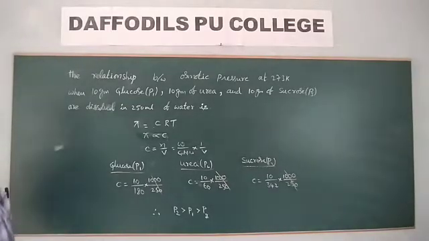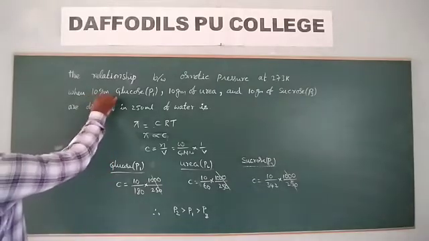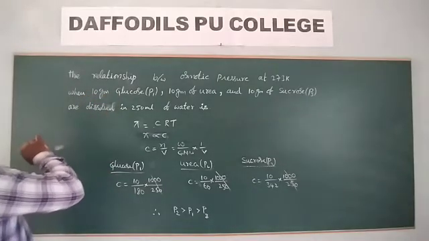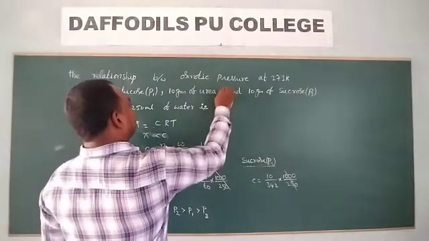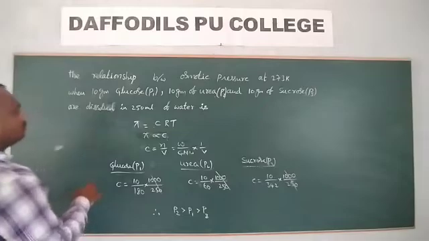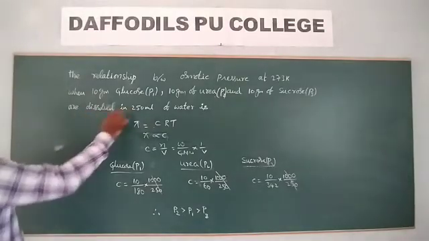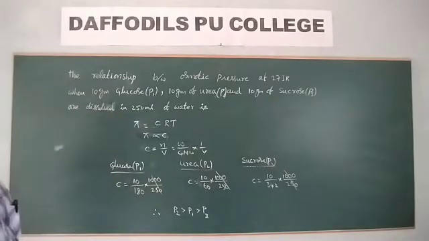Look at this problem. The relationship between osmotic pressure at 273 kelvins, when 10 grams of glucose, 10 grams of urea and 10 grams of sucrose are dissolved in 250 ml of water.